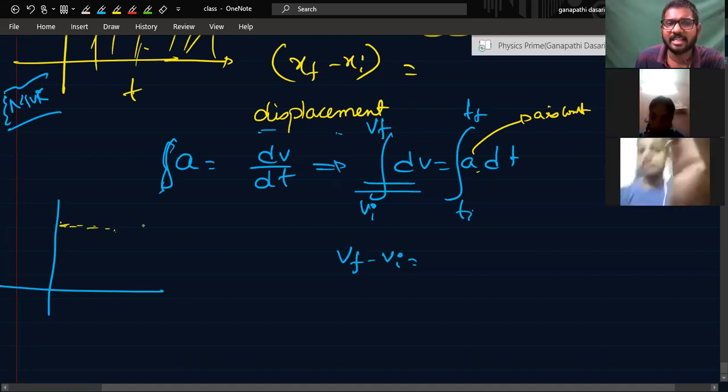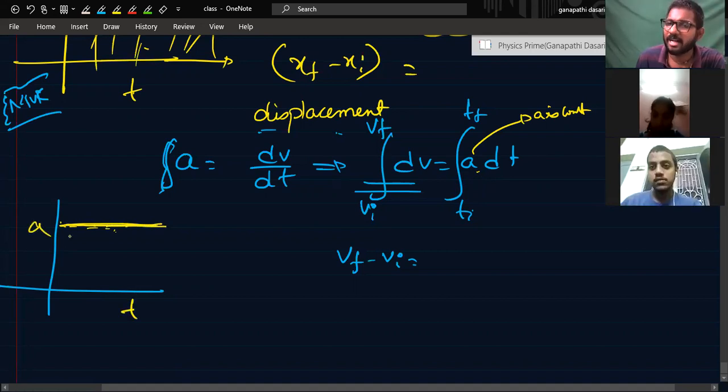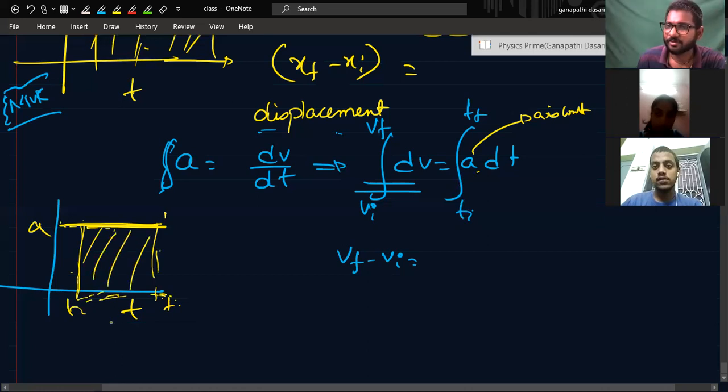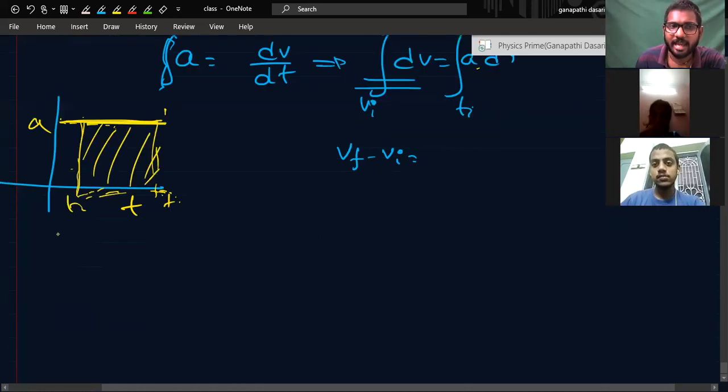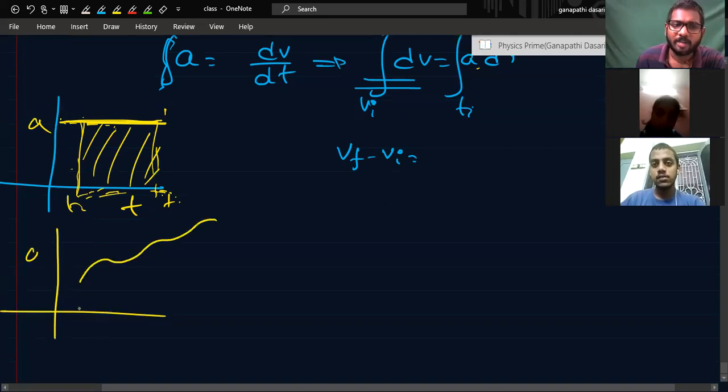If a is constant, the graph will be like this, the at graph. So at graph means what? From t initial to t final, length into breadth. Directly a into t final minus t initial you can do, right? We'll get the rectangle area. But if a is not constant, a is varying randomly like this, so what will we get?